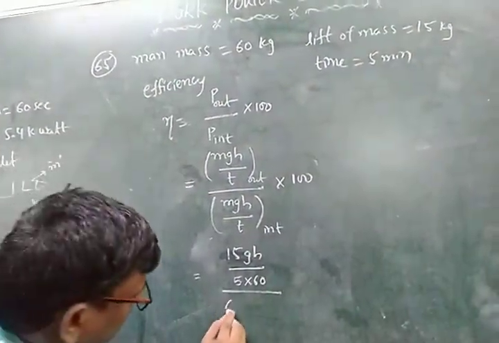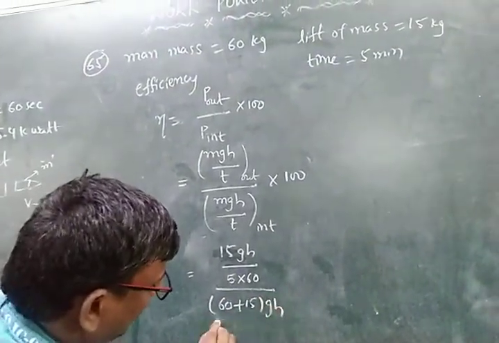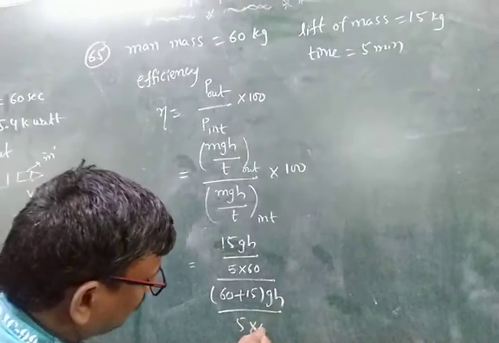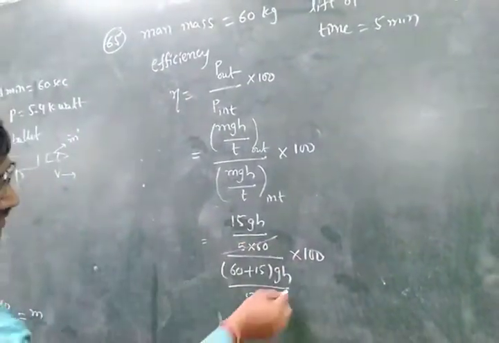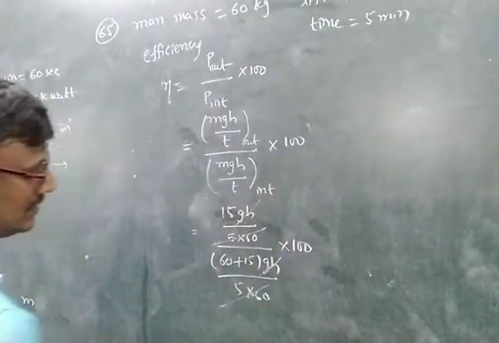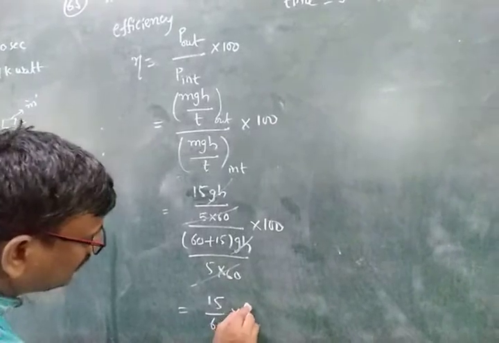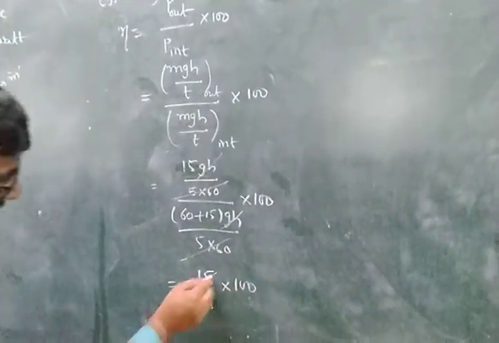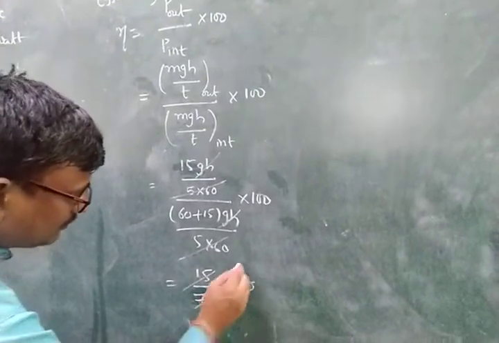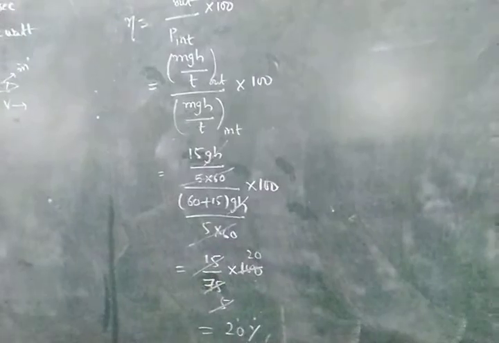We can write 60 plus 15 into gh by time, that is 5 into 60, into 100%. Now 5 into 60 and 5 into 60 cancel, gh cancel, that is equal to 15 by 75 into 100. Then we cancel this 5 times, 5 into 20, that is equal to 20% of the efficiency.